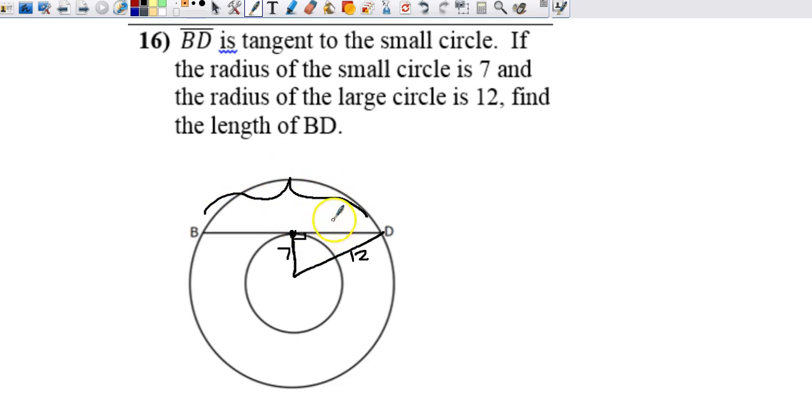But before we can find that segment, we're going to use the Pythagorean theorem to get half of it. So if you square these and subtract, 144 minus 49 is what? 95.